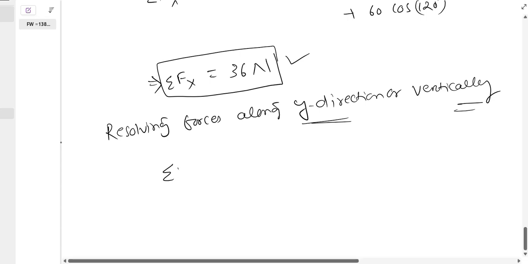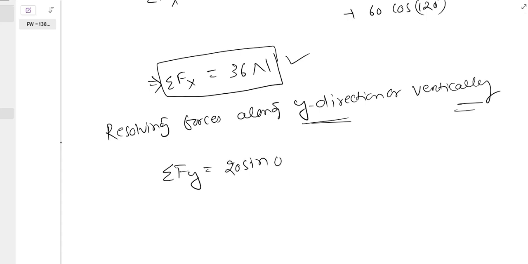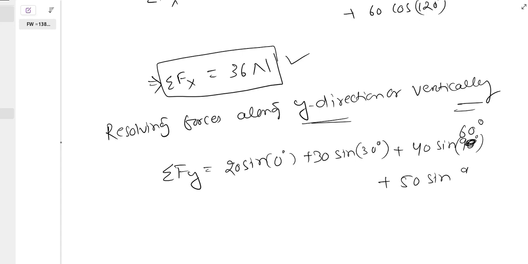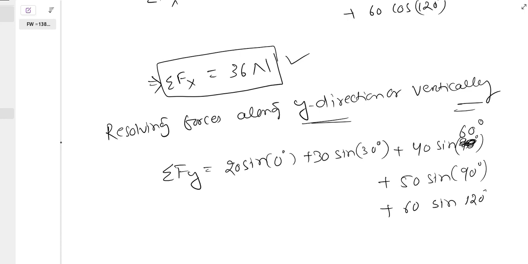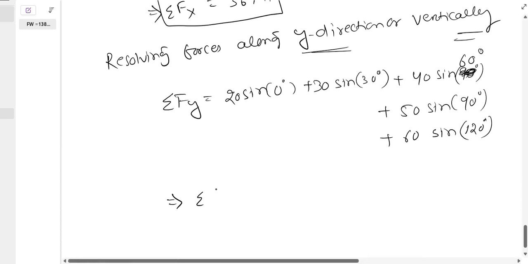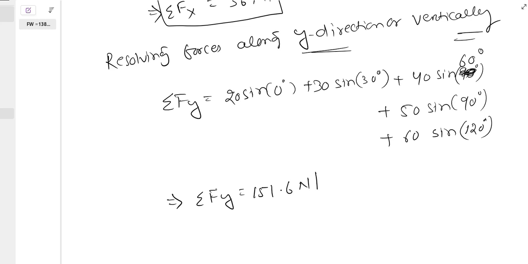So we will get sigma Fy equal to 20 sin 0 degree plus 30 sin 30 degree plus 40 sin 60 degree plus 50 sin 90 degree plus 60 sin 120 degree. By the help of calculator we can calculate sigma Fy equal to 151.6 Newton. This is our sigma Fy.